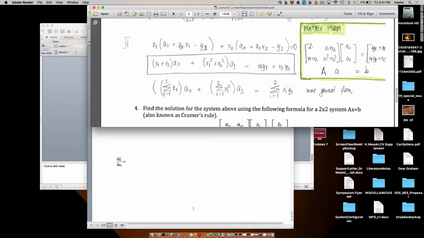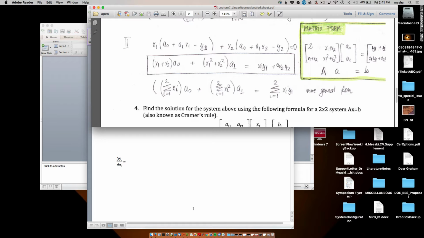And if I look for A1, I have x1 squared plus x2 squared, times A1. And everything else doesn't have A0 or A1, so I throw it on the other side. So this is my second equation.